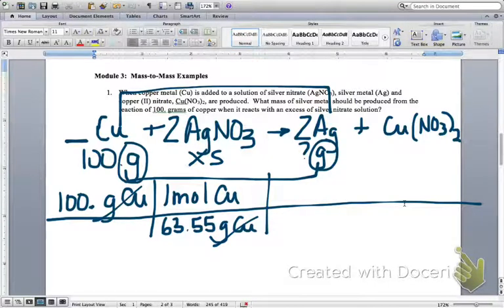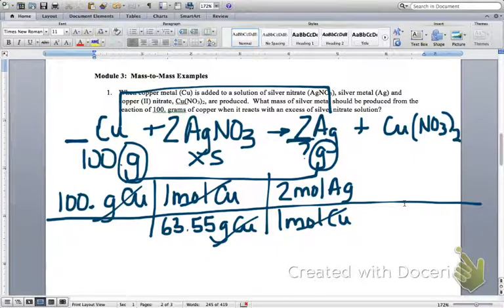Where do I want that 1 mole of copper to go? On the top or the bottom of that fraction? On the bottom. So my 1 mole of copper is going to go on the bottom. And then my coefficient in front of the silver is 2. So I'm going to put 2 moles of silver on the top. And so now moles of copper cancels out.